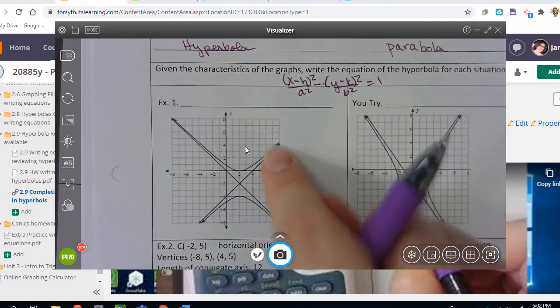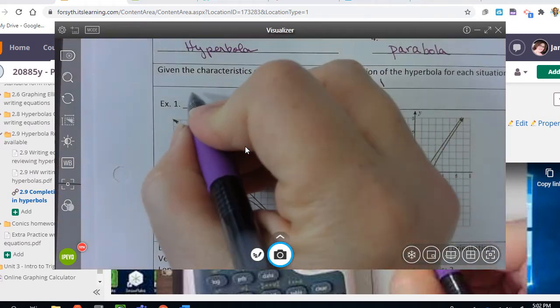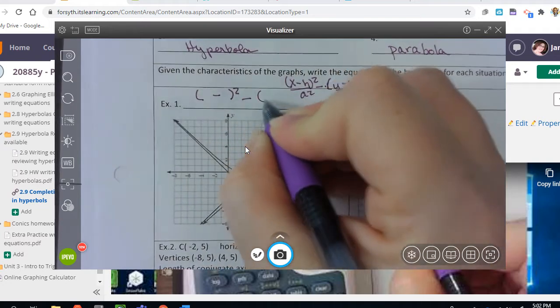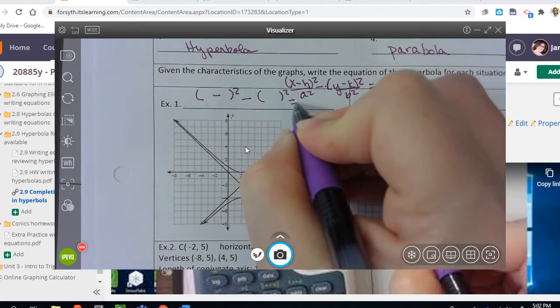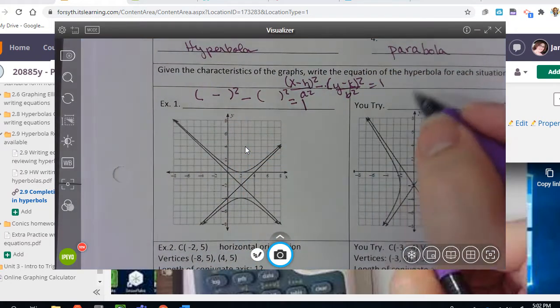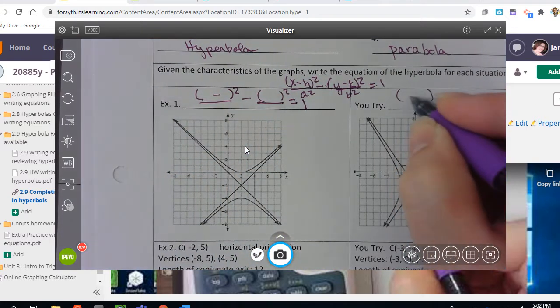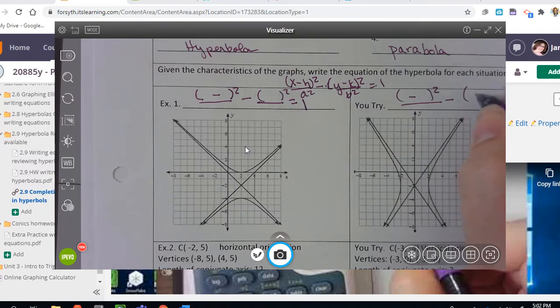It all depends on the direction that it's opening. So I have this generic way of writing it: something minus something squared minus something squared equals 1. This is part of every single equation.